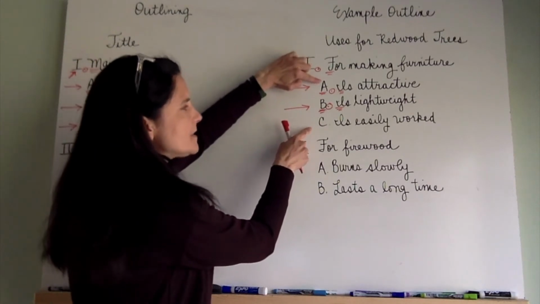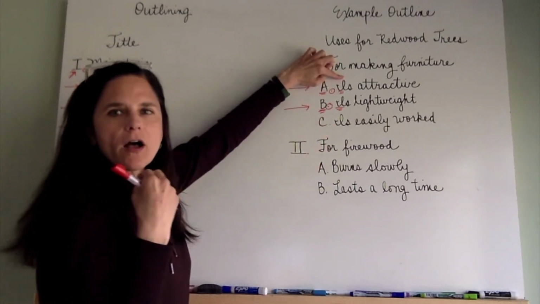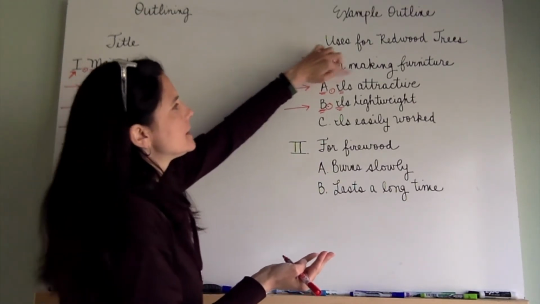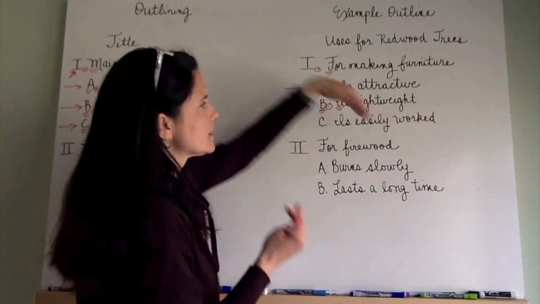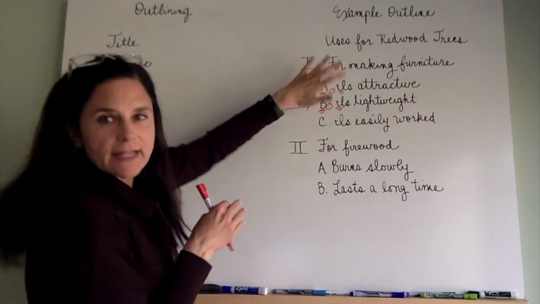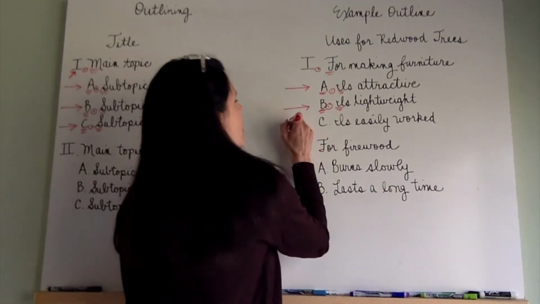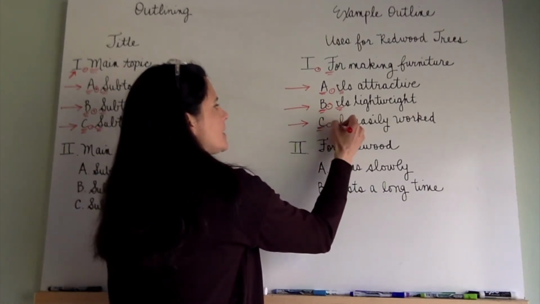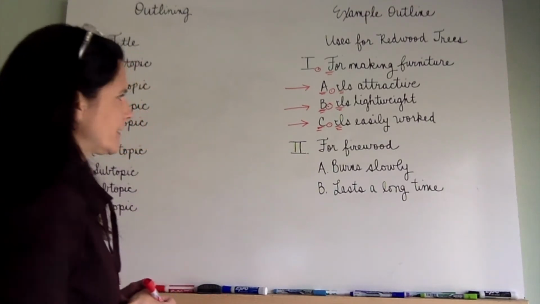So, for this particular set of subtopics, they all begin with the linking verb: is attractive, is lightweight, is easily worked. So that's in parallel form. You want to make sure you do that as well. And letter C, again, is indented, capitalized, period, capitalize the first letter of the first word of that subtopic.